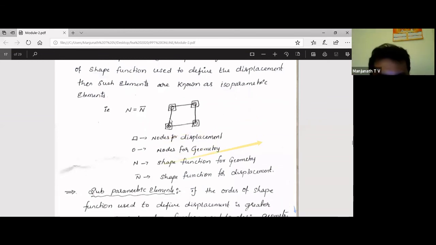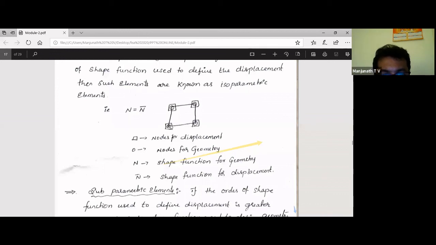Now see, you can see here we have got four nodes: node number 1, node number 2, node number 3. At node number 1 we have used the geometry as a circle, and also the displacement as a rectangular shape. So we have got four circles, 1 2 3 4, and four rectangular boxes, 1 2 3 4.